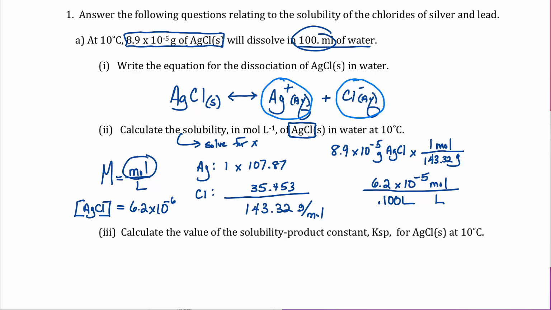So they will be equal. And so when you solve for the X, as I always say, you'd be solving for either the one that dissociates into one, because for every one of these formulas, there's one of these ions. Okay. In any case, that is your answer right there.